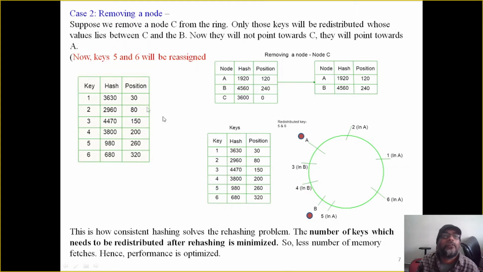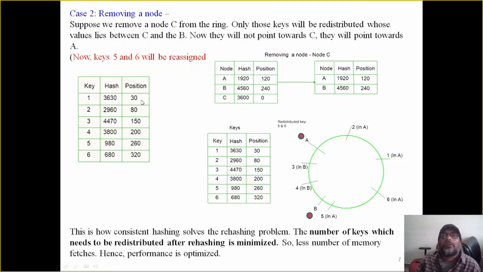This key 5 and key 6 will be reassigned, okay, and they will be assigned now to A. It is written now they will not point to C, they will point towards A. So the rest of the redistribution will not be affected. Only this set of keys will have to be changed, or the keys falling in this range.